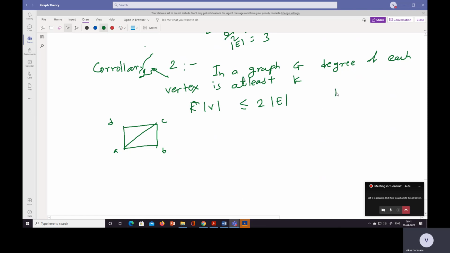Here degree of vertex is greater than or equal to k.